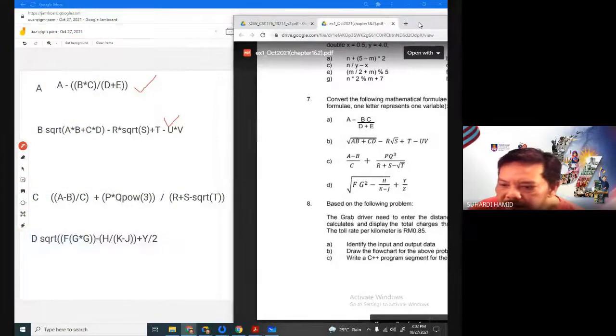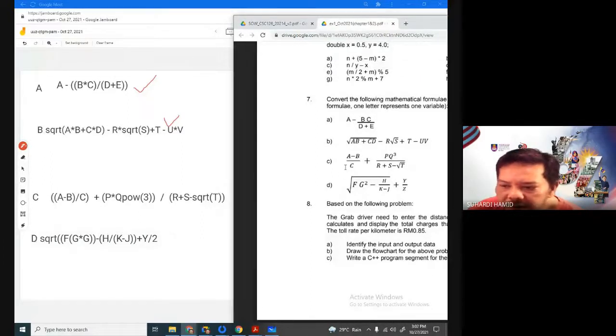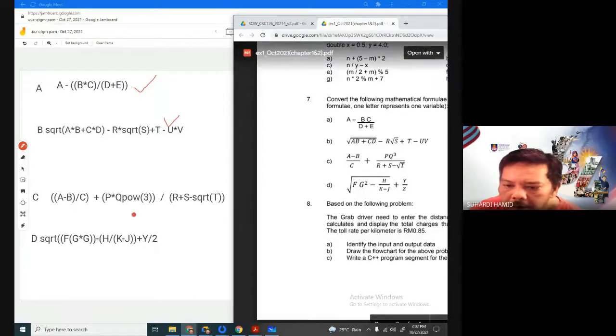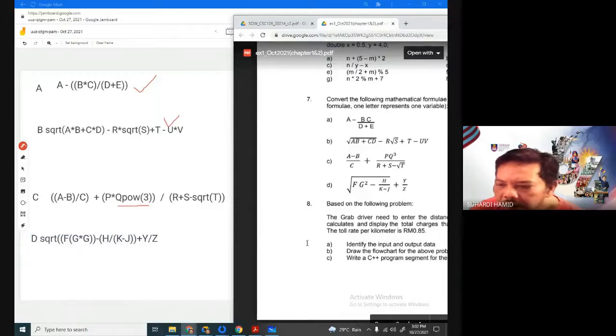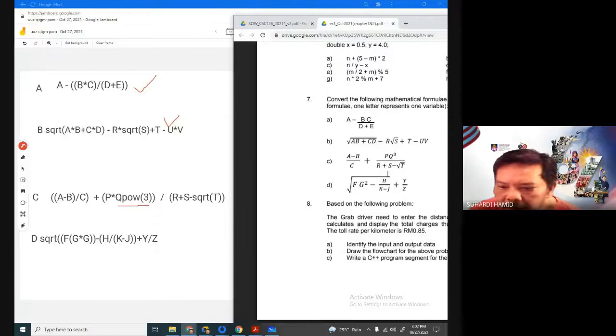This is a long one. For C, A minus B over C plus... that's not how you do it, but never mind. We'll have a look. Over in bracket R plus S minus square root of T. Yep.